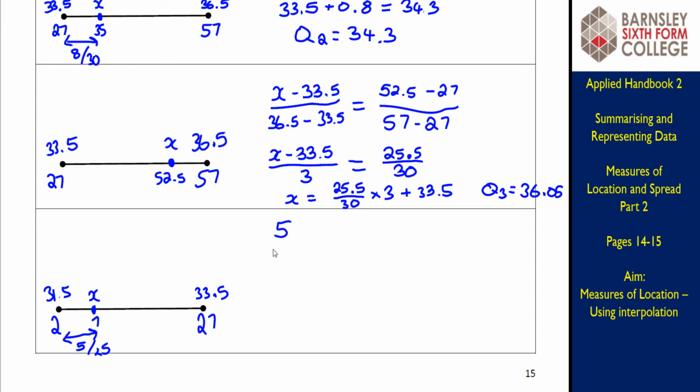So we do 5/25 of 2, essentially a fifth of 2, which is just going to be 0.4. And then we just add that 0.4 onto the 31.5. That gives 31.9. So your 10th percentile, which we say is P10, is just going to be 31.9.